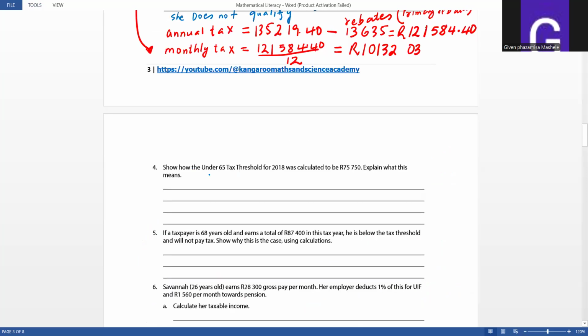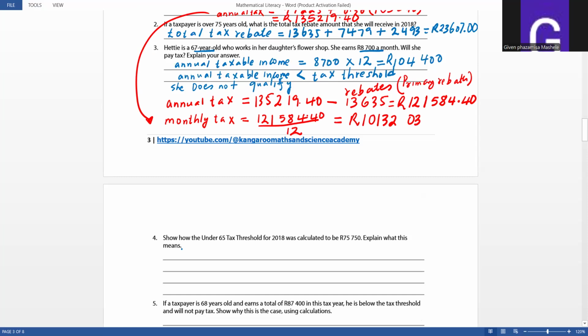Show how the under 65 tax threshold for 2018 was calculated to be 75,750. Explain what this means.